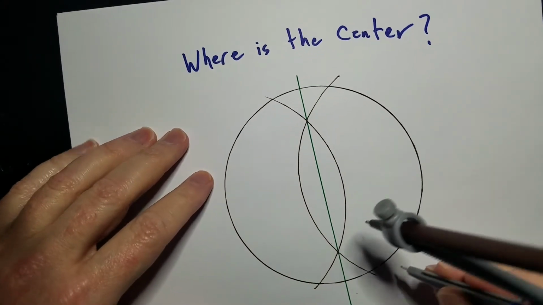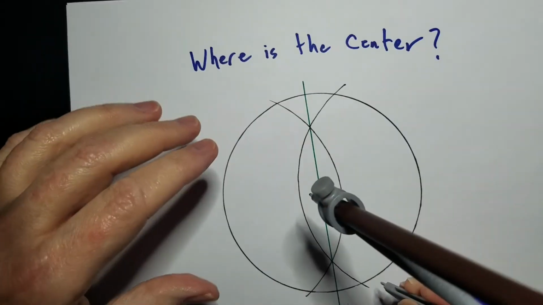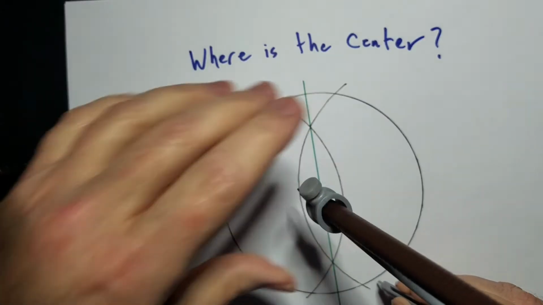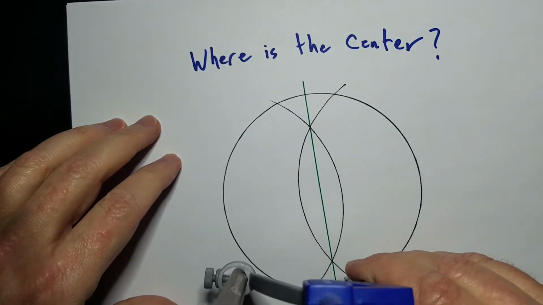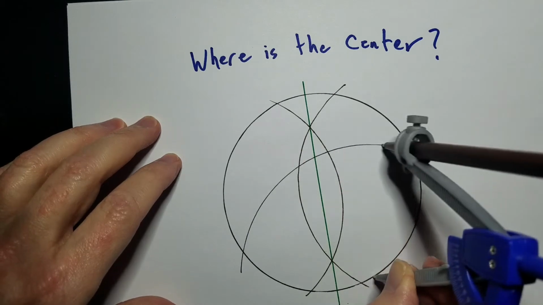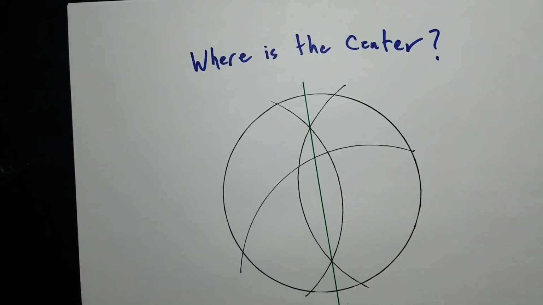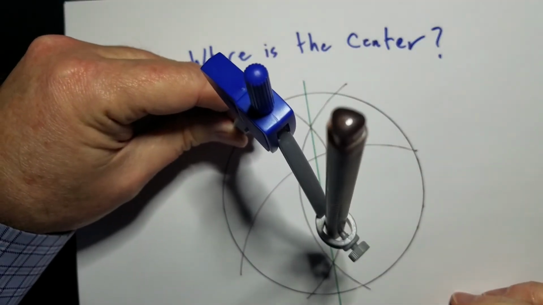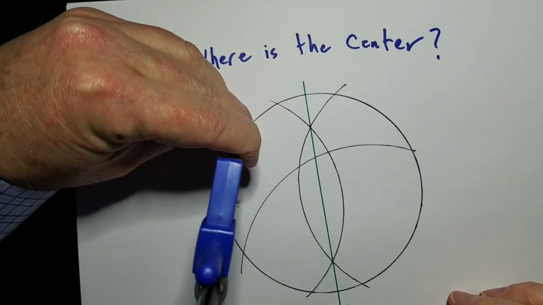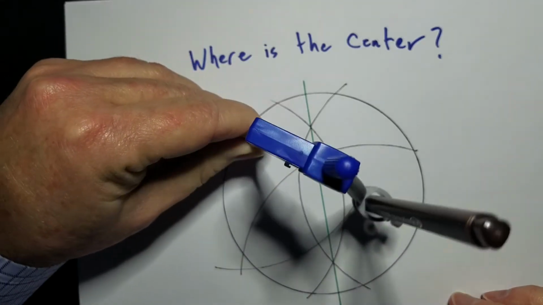Then you're going to do the same thing at another location. It doesn't have to be on the opposite side. I'm going to go over here. One arc, and then over on the other side someplace, draw the other one, just as long as they cross.